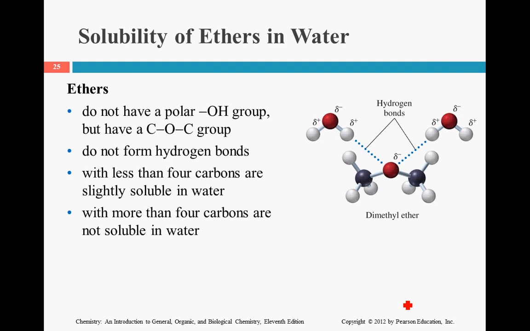There's actually similarities with the ether. There is some electronegativity here. However, the hydrogen bonds are far weaker. Remember, this is an attraction. It's not a real bond. Once again, we're going to say that the cutoff is 4. However, with ethers, they're only slightly soluble. That's because with alcohol, you have an OH group here and a carbon here.